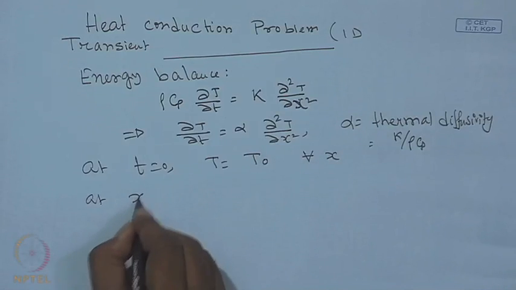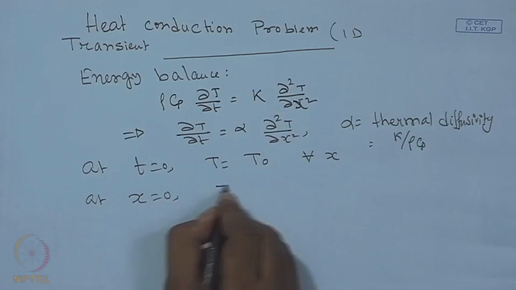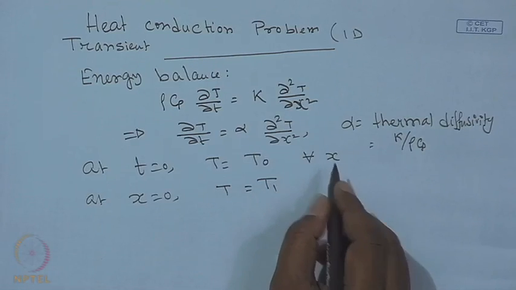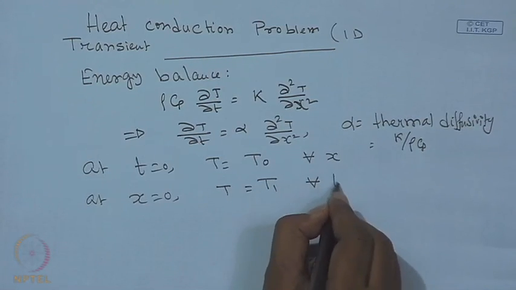At x is equal to 0, the temperature was kept constant and maintained at T 1, and that is valid for every t.